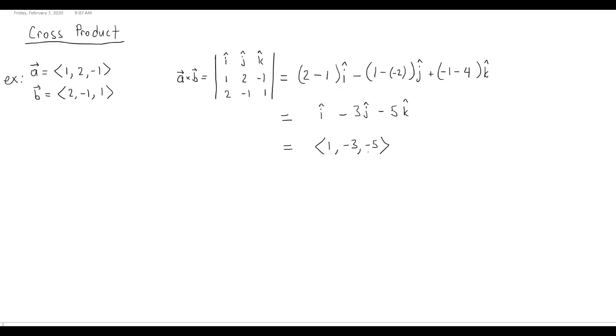Okay? So I think most people know how to compute the cross product, but I just wanted to do one example in case people were still struggling with that. So what I want to go over is the most important properties of the cross product. Okay? Let's zoom out.